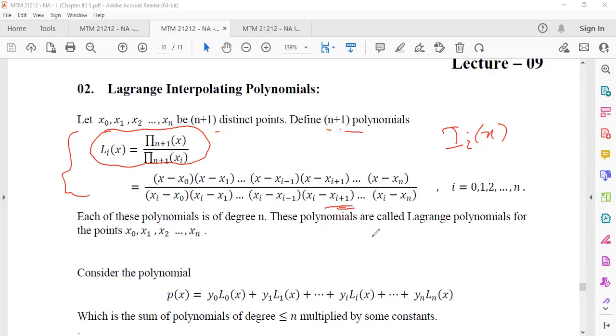Can you type your answers? I don't want full sentences. Just tell me what you are understanding in this, what you are finding.